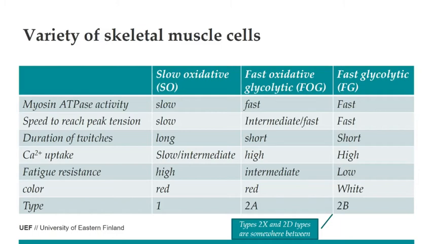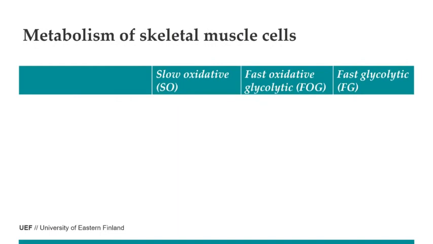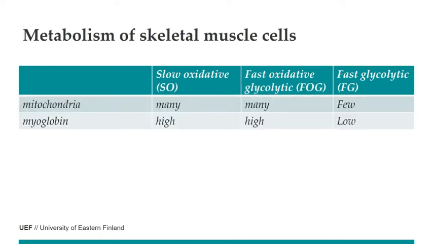And if it's oxidative and glycolytic, it most probably has something to do with the metabolism. So these oxidative cells have a lot of mitochondria. Because there are a lot of mitochondria, there is also a need for an oxygen store, a lot of myoglobin.